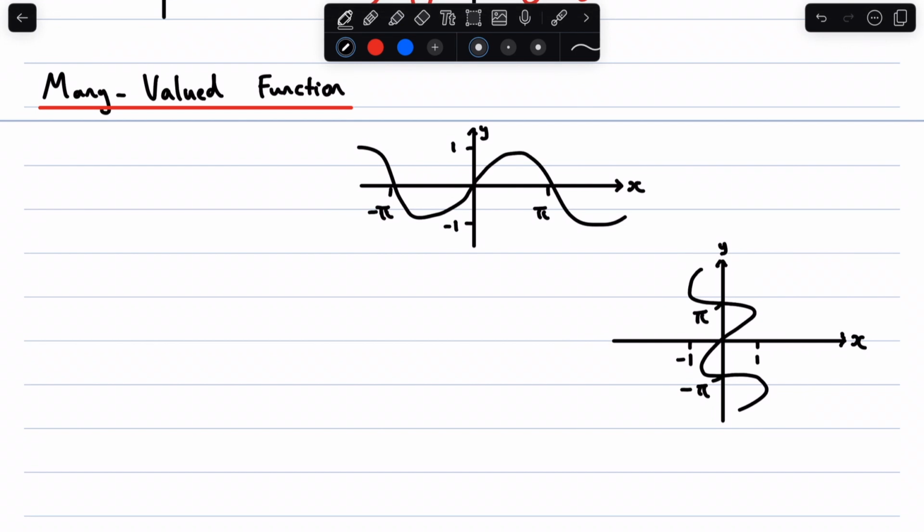For our final of the common functions, we'll be looking at the many-valued function. As you can see here on the right, this top figure represents y equals sine of x. And if we just look at any x value, say here, it's going to have just one y value, or over here, there's just one y value.